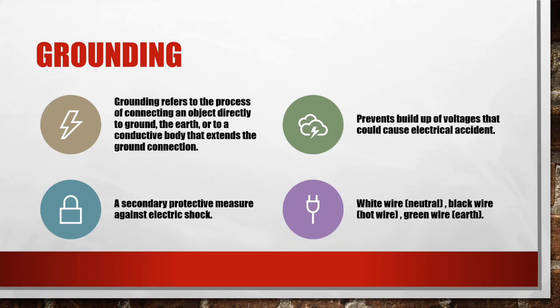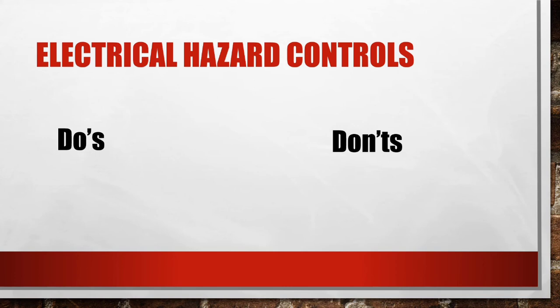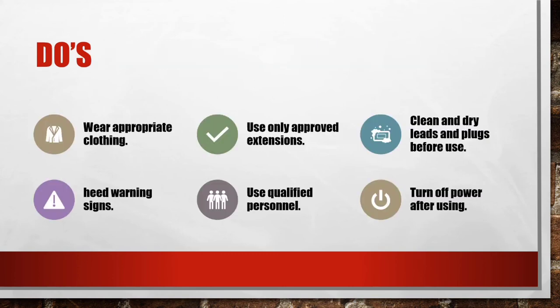There are several ungrounded conductors such as white wire, black wire, and green wire. There are several things classified as do's and don'ts while doing electrical work. Do's such as wear appropriate clothing so as not to be exposed to fire in case it happens.